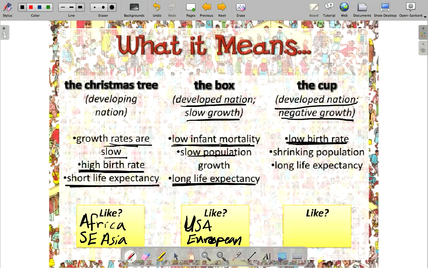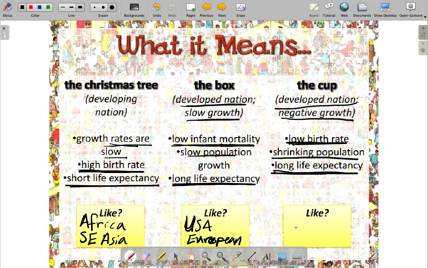Also, that mortality might be low, so they're not dying, but there are just not that many babies being born. But you also have a long life expectancy. So this is where we saw a big portion of the population up at the top in the elderly. So what does that do? A low birth rate, long life expectancy, this gives you a shrinking population.